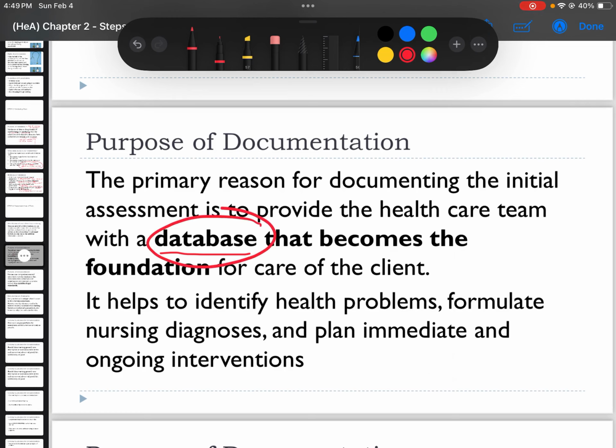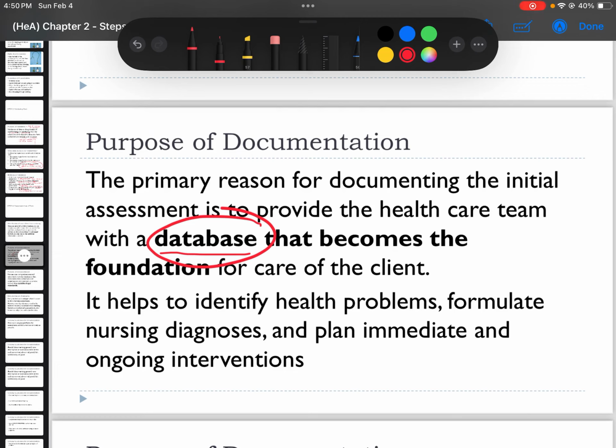Now, the reason why we need to learn about documentation is because it needs to be what we call understandable to the rest of the healthcare team. Okay? It needs to be understandable to the healthcare team, no? Because as I've said, there is usually a turnover of the shift, right? So if I am the nurse today, tomorrow I might not be the nurse, no?